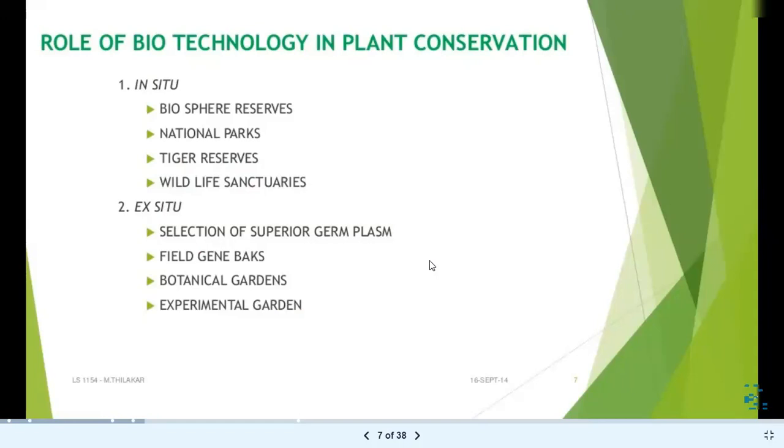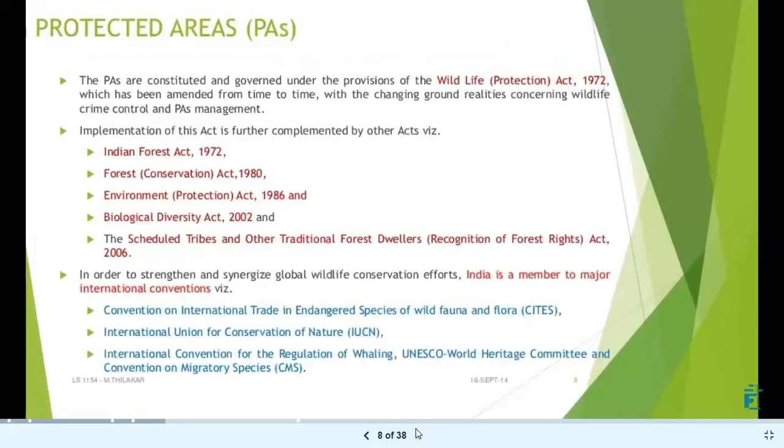Second, ex situ conservation, that is selection of superior germ plasm, field gene banks, botanical gardens, and experimental gardens.